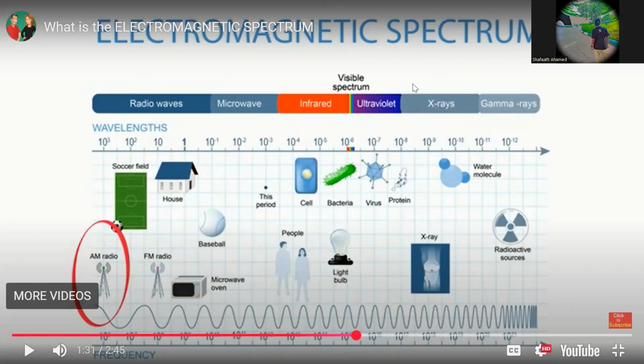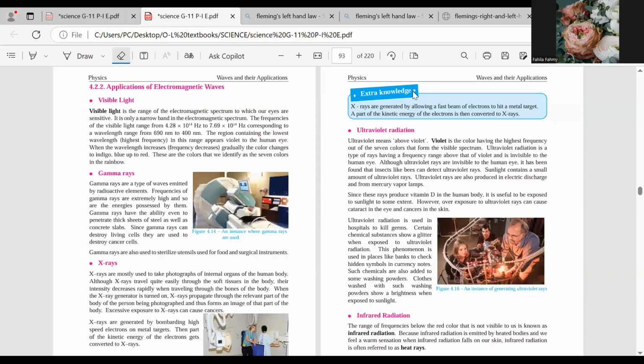Yeah, miss. Okay. Then what is here is where are we using them, why are we using them, and all sorts of these applications that you should know. So the visible range is what our eyes are sensitive to, what our eyes can see. So this you should know, right? Please underline these.